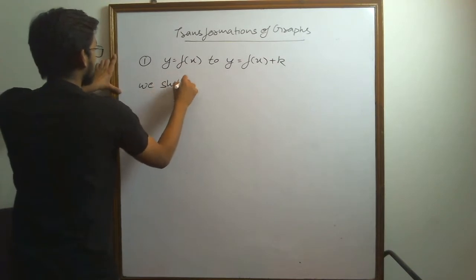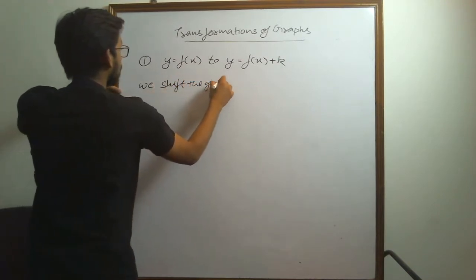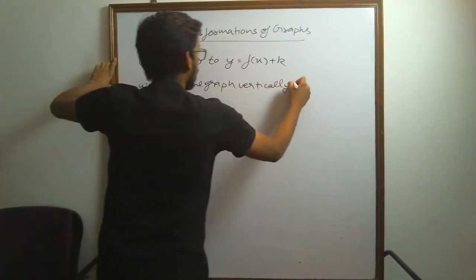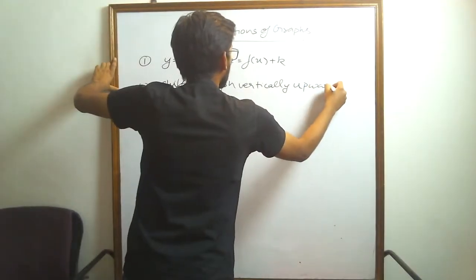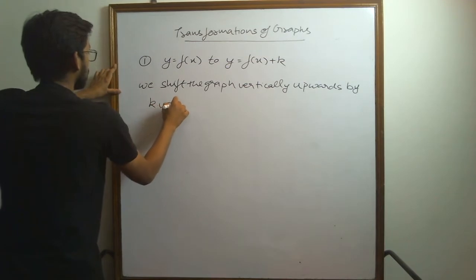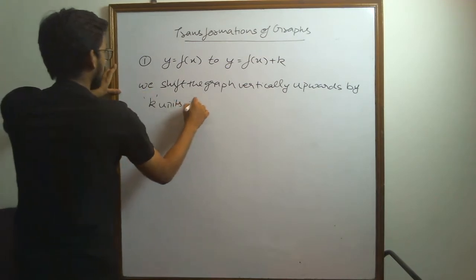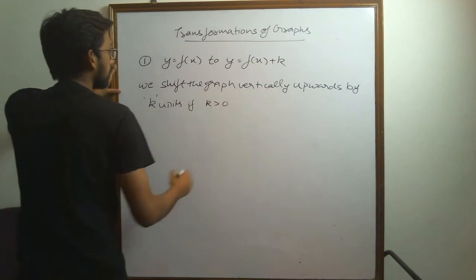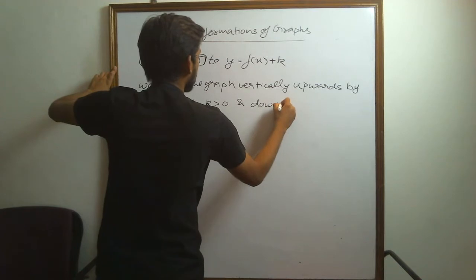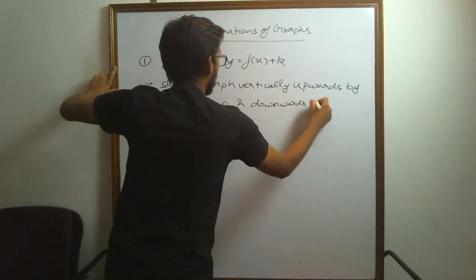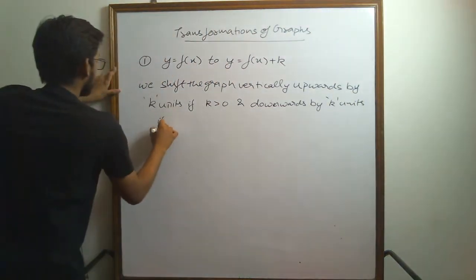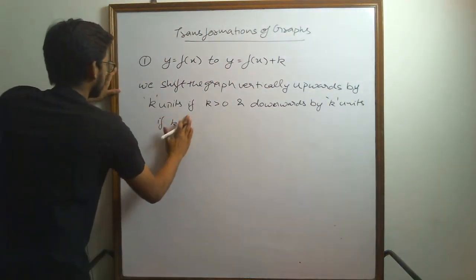shift the graph vertically upwards by k units if k is positive, and downwards by k units if k is negative.